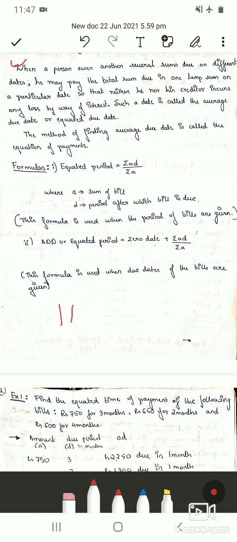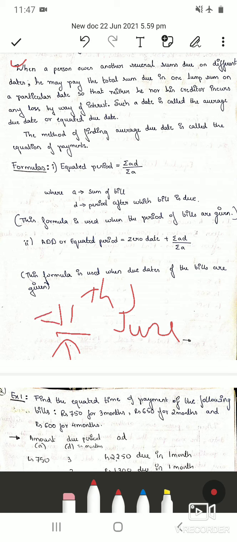Suppose 11th June is the date on which the bill is due, and if you are paying on 11th June, then there will be no interest. If you are paying after 11th June, then at a certain rate of interest you have to pay a fine, or the interest, because you are making a delay in the payment.